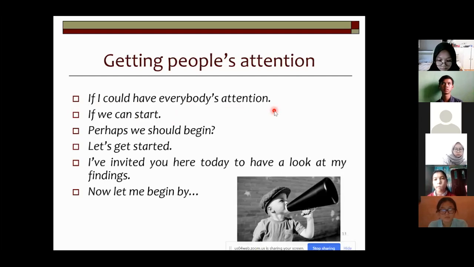It's really kind. Or the second one, ladies and gentlemen, if we can start, please. It means, oh, come on, ladies and gentlemen, let's start again. Let's focus again on this topic. Okay.